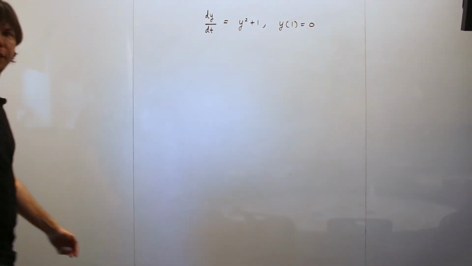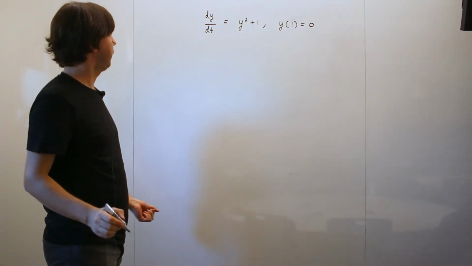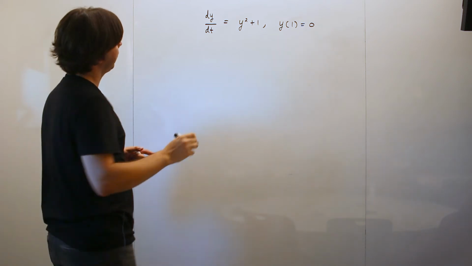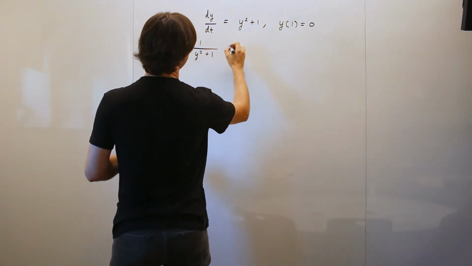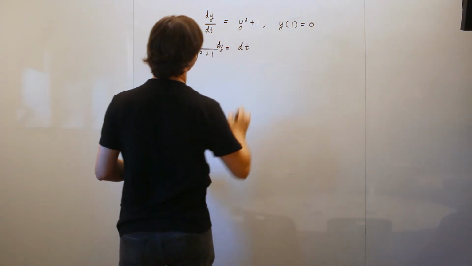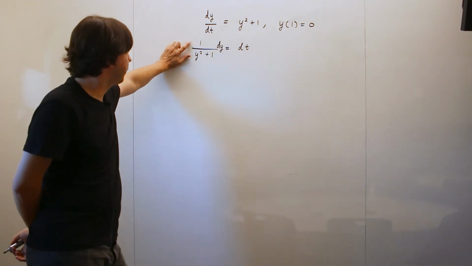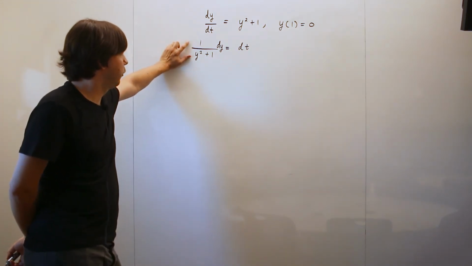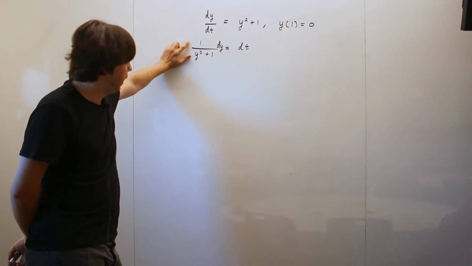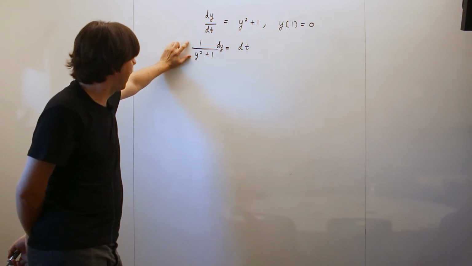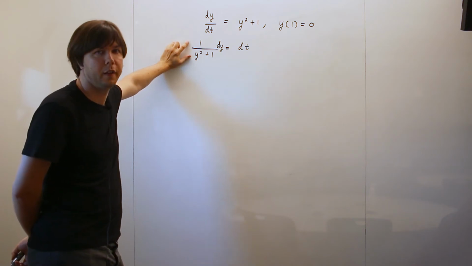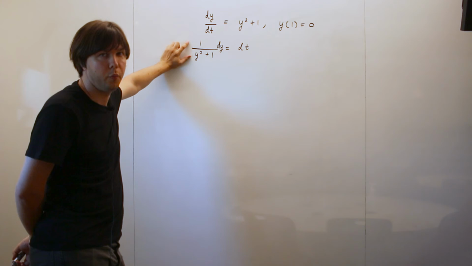Okay, well, this seems okay. Let's go ahead and first step, isolate. Okay, second step, integrate. So on the left-hand side, I have 1 over y squared plus 1. I just burn this into my memory. I remember that the integral of this is arctan y.